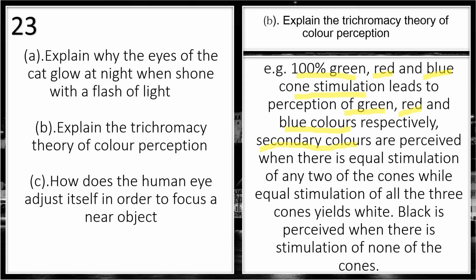Secondary colors are perceived when there is equal stimulation of any two of the cones, while equal stimulation of all the three cones yields white. Black is perceived when there is stimulation of none of the cones.